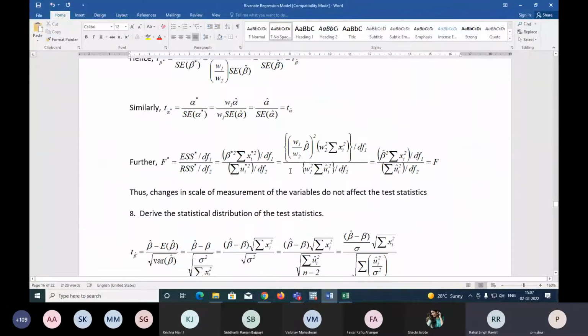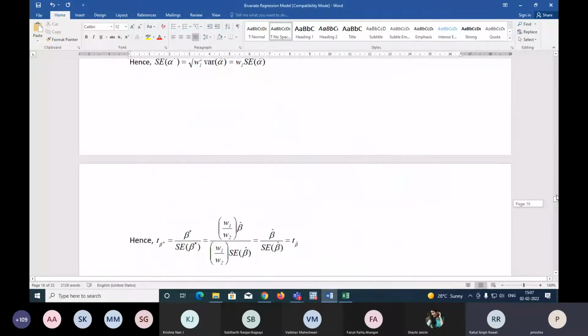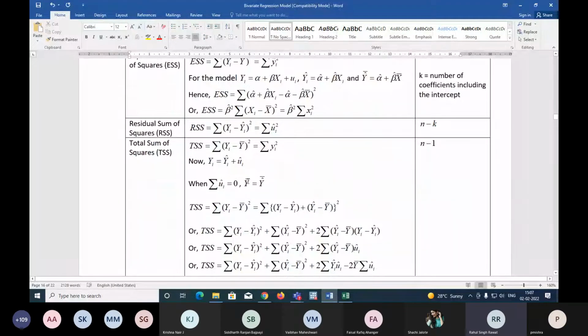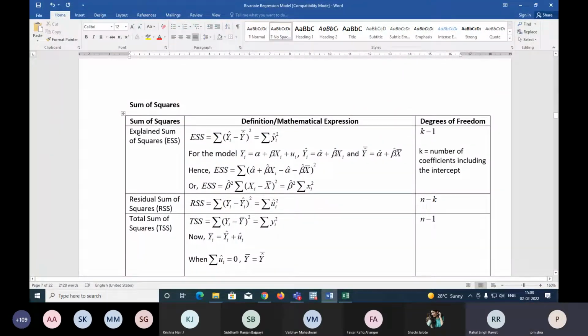If you just get back to this table, then you see for explained sum of squares, degrees of freedom, it is equal to k minus 1. And k is equal to the number of coefficients including the intercept. For residual sum of square, it is n minus k, and for total sum of square, it is n minus 1.